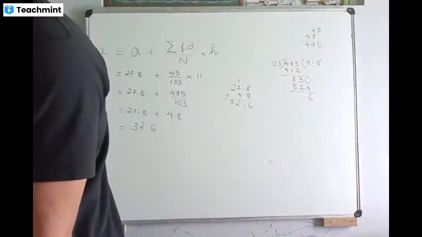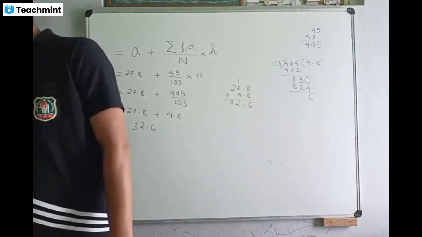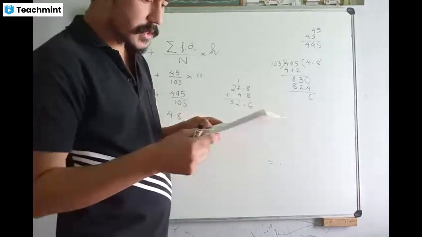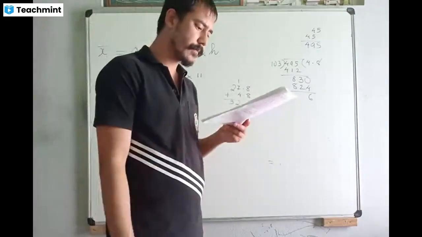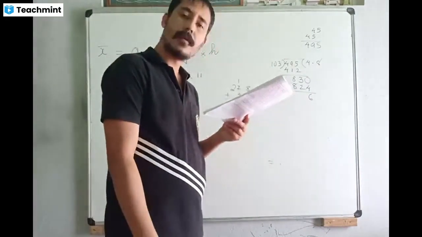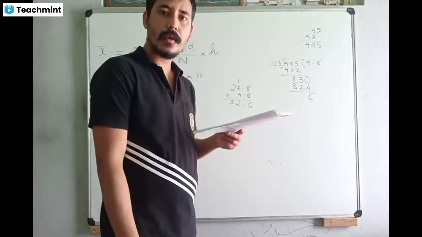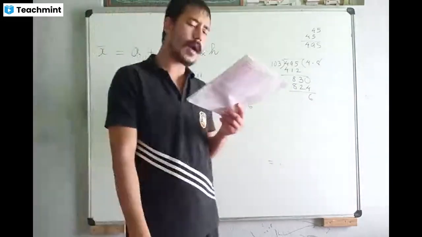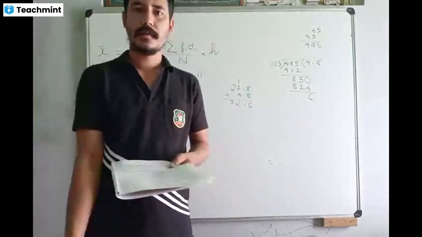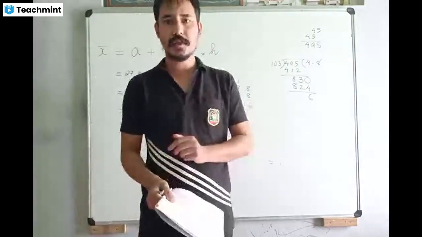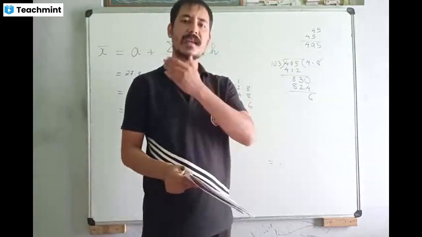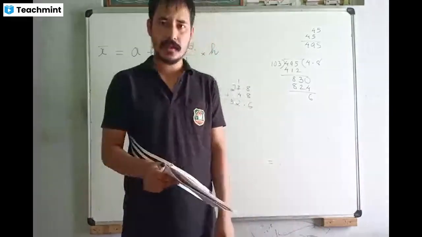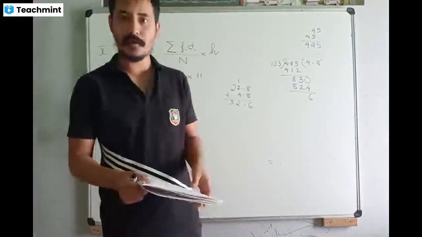Now we have another question from this group data. That is question number 10. Question number 10 has two parts. The first part is that from the given group of data, the arithmetic mean is given, and you have to find the missing frequency.